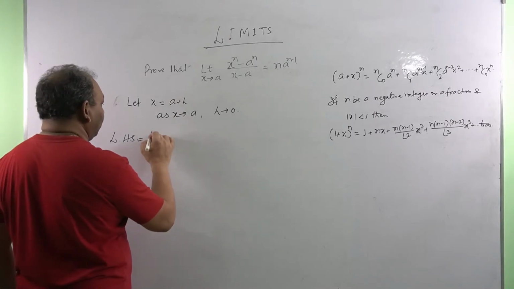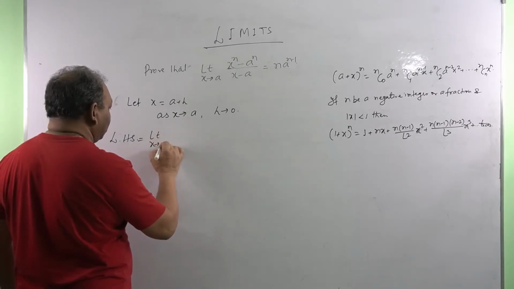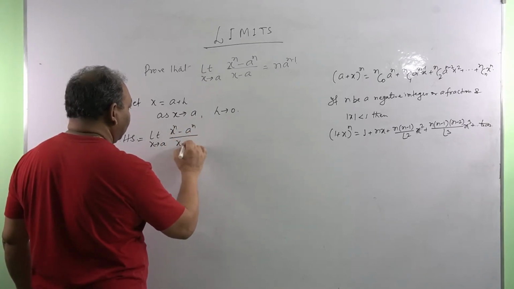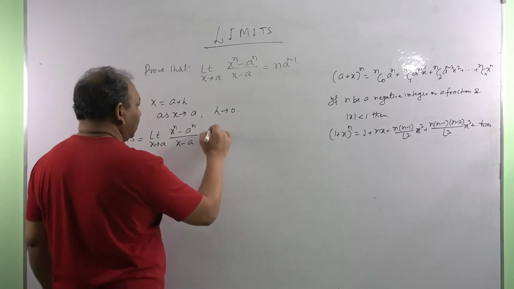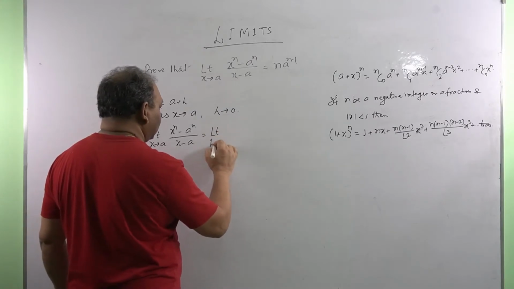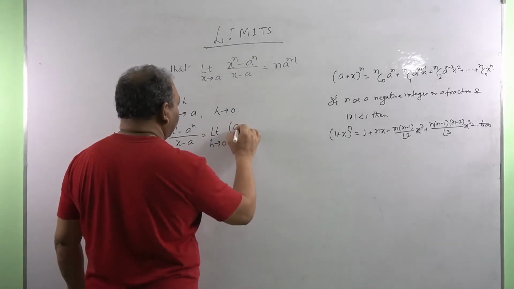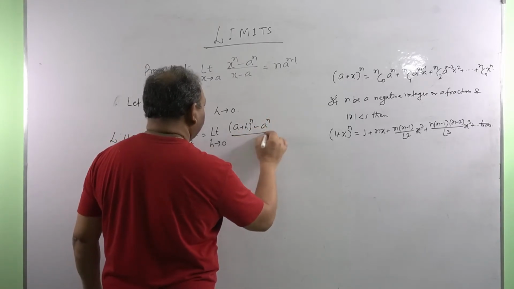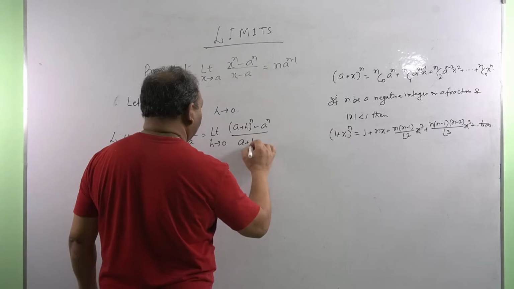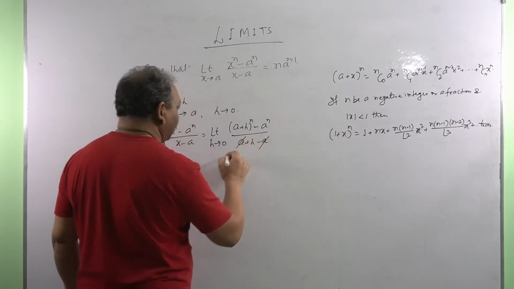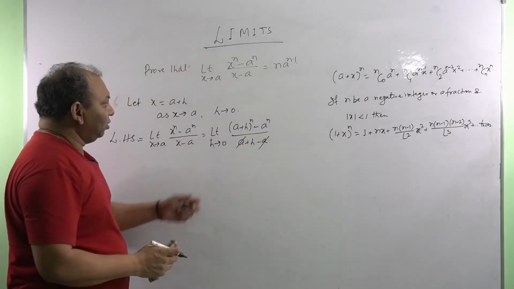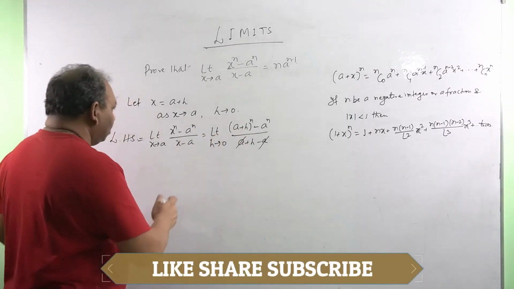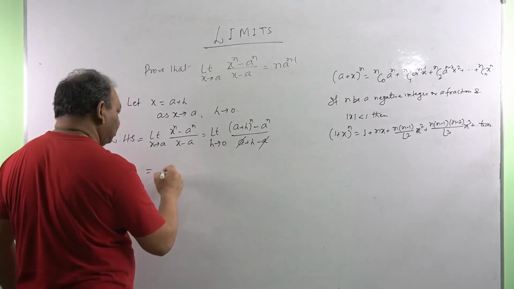LHS is equal to limit x tends to a, (x to the power n minus a to the power n) divided by (x minus a), which can be written as limit h tends to 0, ((a plus h) whole power n minus a to the power n) by (a plus h minus a). Plus a minus a cancel out. Now take a common from these two terms.